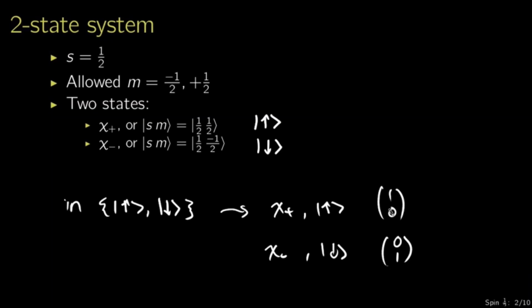If these are the vectors that we're working with, what are the operators? Our operators are going to be things that act on these two-component vectors, so they're going to be 2x2 matrices. For instance, let's consider S squared. We know what S squared does from our consideration of the operator algebra.